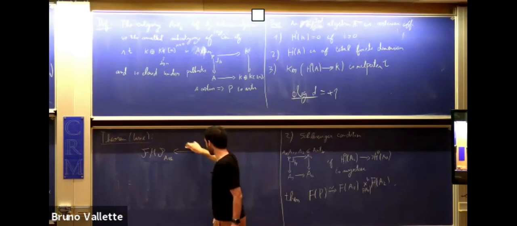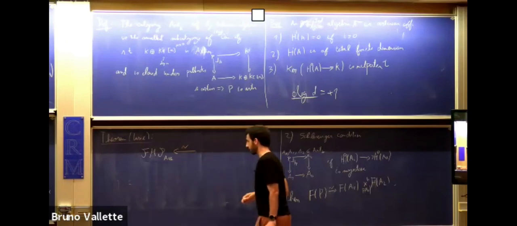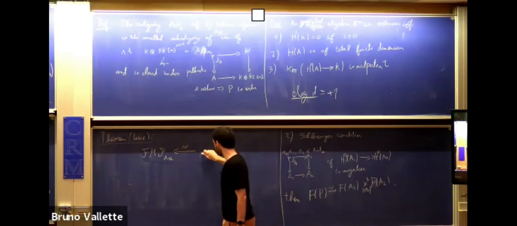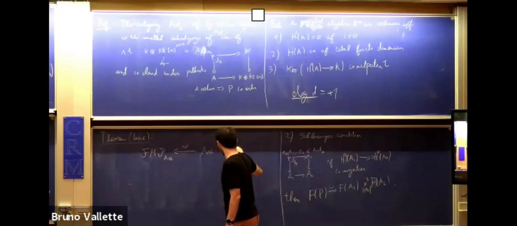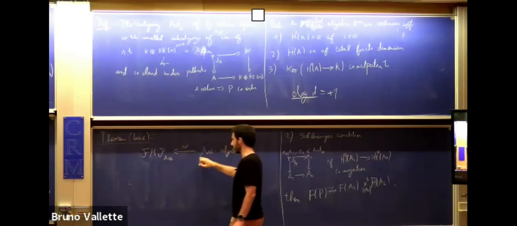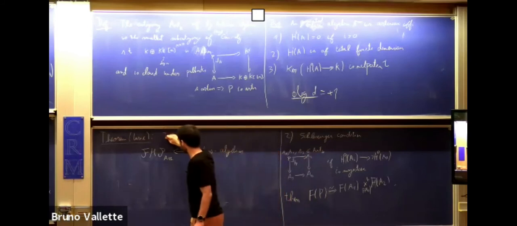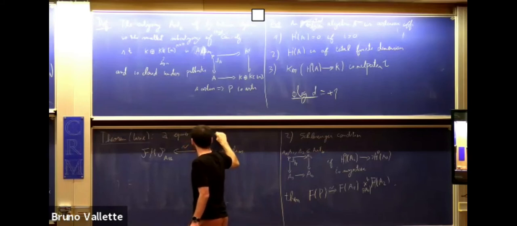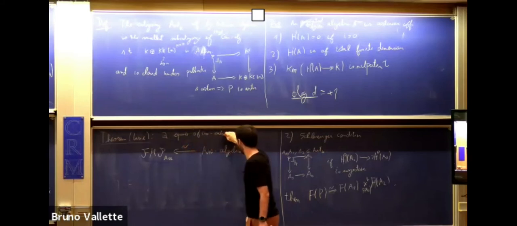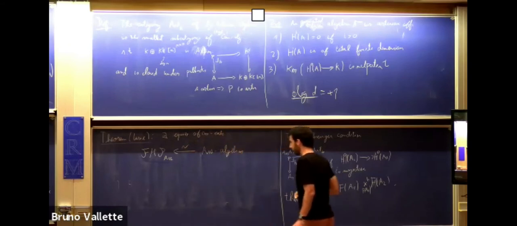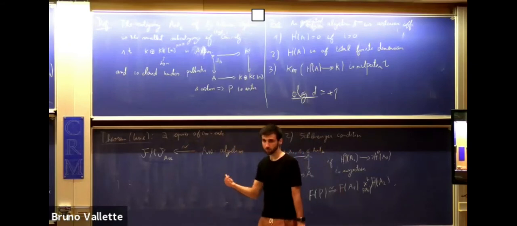In this case, there is also an equivalence of categories between this one and the category of associative algebras, of course differential graded associative algebras. And so there exists an equivalence of infinity categories. And furthermore, this is compatible with the first theorem.